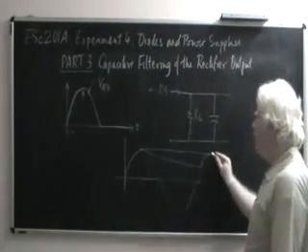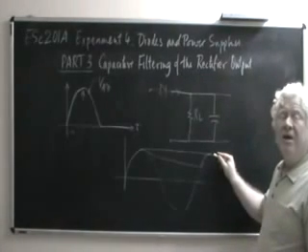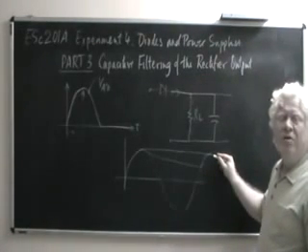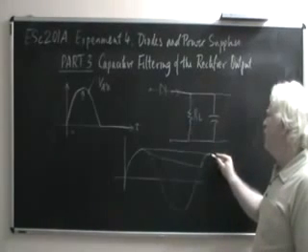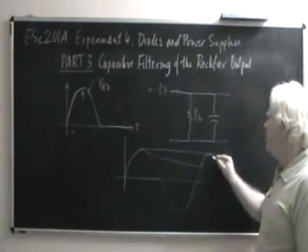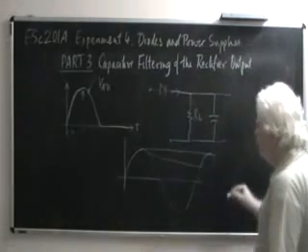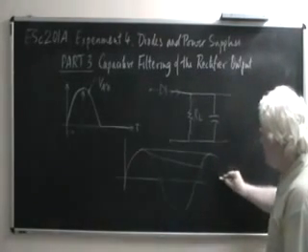It charges up to this point, but again turns the diode off, because now the capacitor is charged up to here, and the rectifier input voltage starts falling. So this repeats.